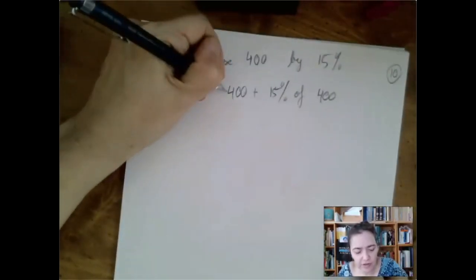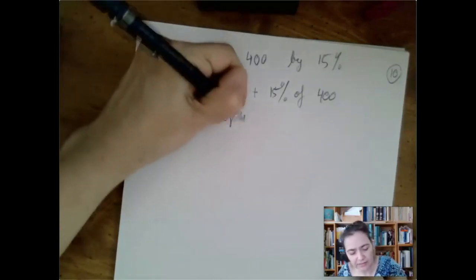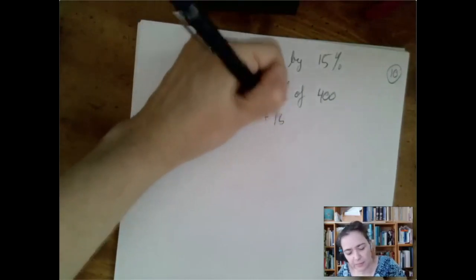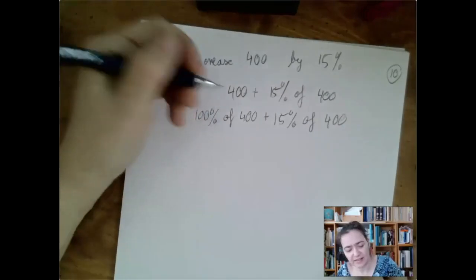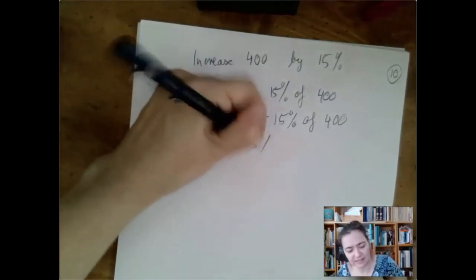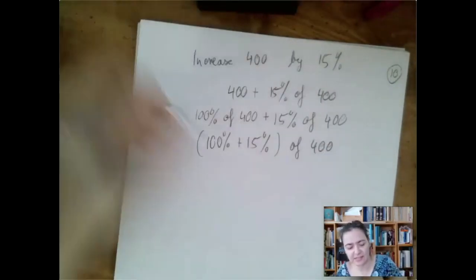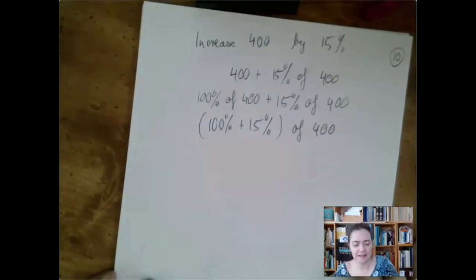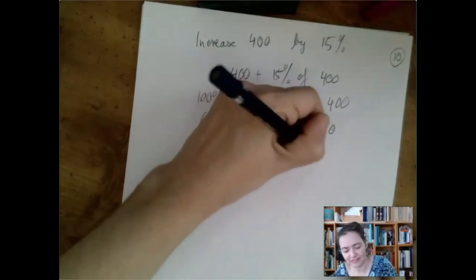And then that 400 is the same as 100% of 400 plus 15% of 400. And that's the same as 100% plus 15% of the same 400. Because this is a multiplication, right? And that's 115% of 400.